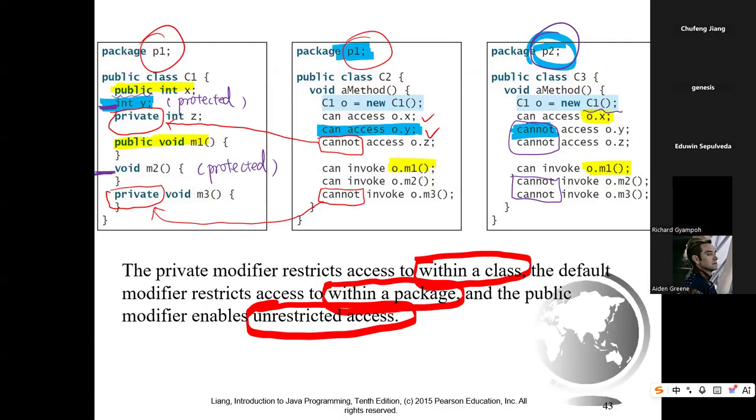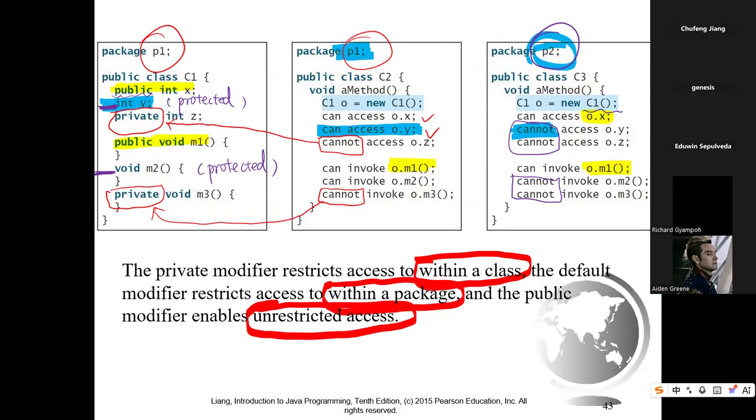For the method, we also say it is a protected method because it doesn't have the public or private keyword. The third method, M3, is a private method by explicit declaration.